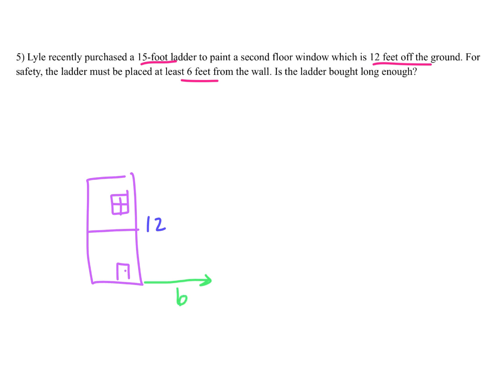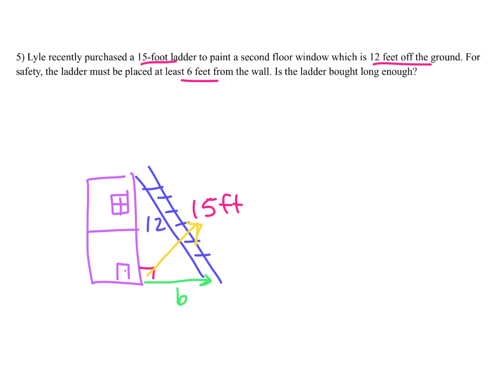So we want to see, is a 15-foot ladder going to be long enough? There's my ladder, and my ladder is 15 feet. Okay, so let's see. Here's our right angle right in here. So our C is 15.